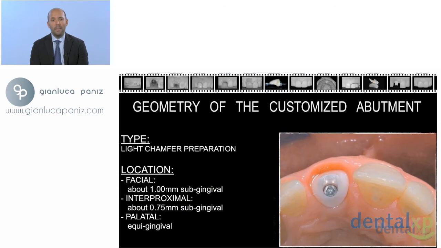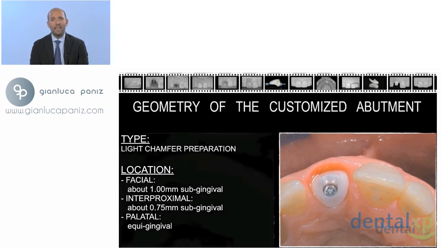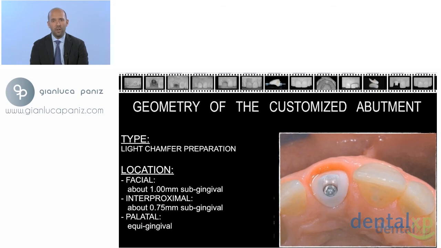We normally maintain the finishing line about 1 millimeter subgingival on the facial aspect, about 0.75 millimeters subgingival at the interproximal level, and we want to maintain the palatal margin at the gingival level. It means equigingival. In this way, we can check the fitting of our prosthesis without particular problems, we can remove the excess cement during the cementation without problems, and we can achieve a nice and adequate aesthetic outcome.